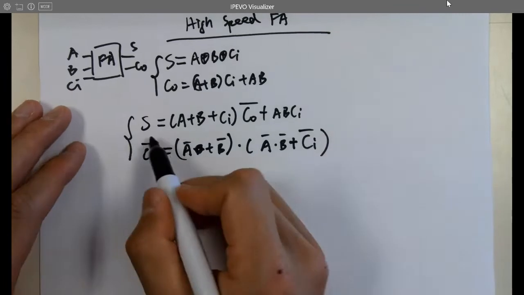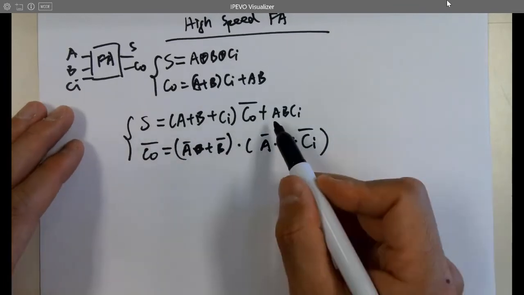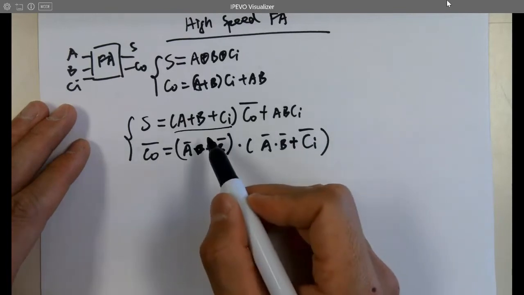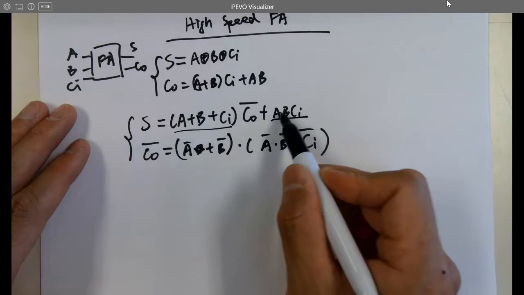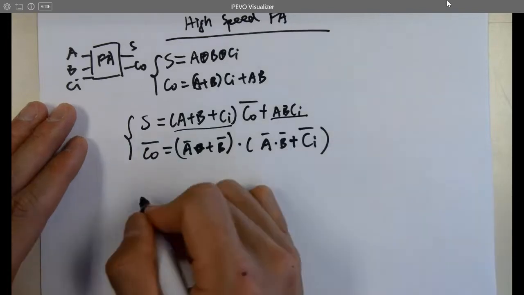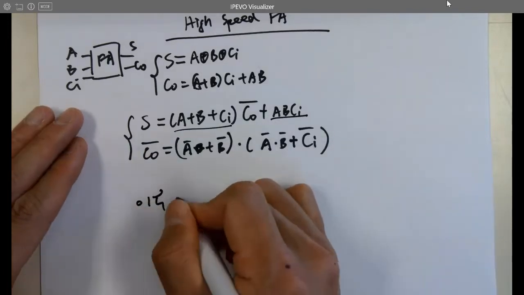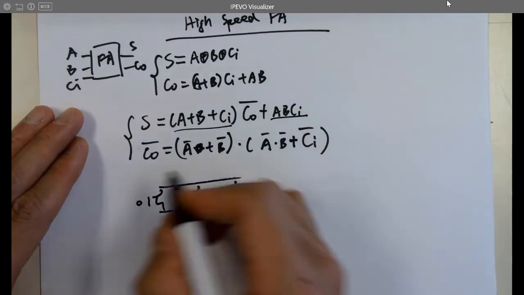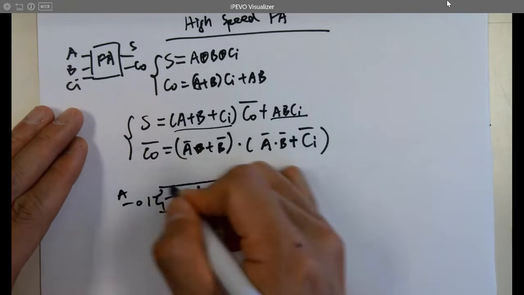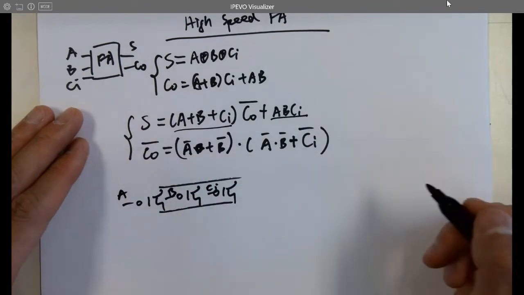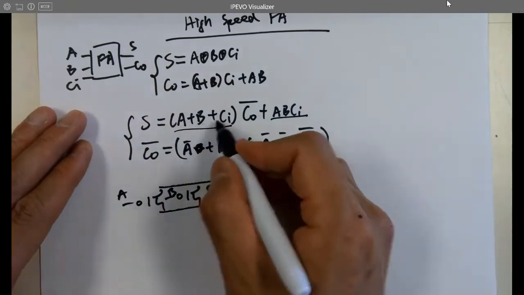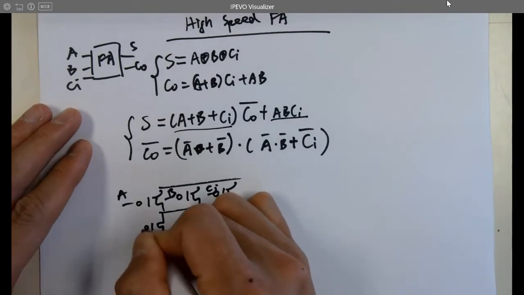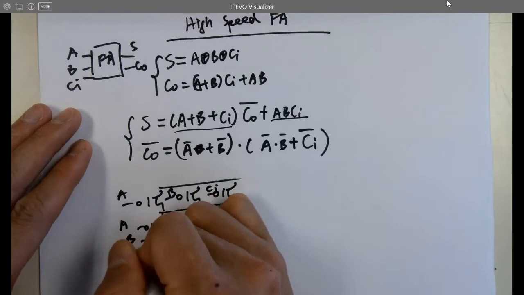Okay, let's do the S first. So this is A, B, CI. These are in parallel on the top. Now, are you distributing this? No, I think it's A, B, CI in series. Series with the same. Distributing, yeah.